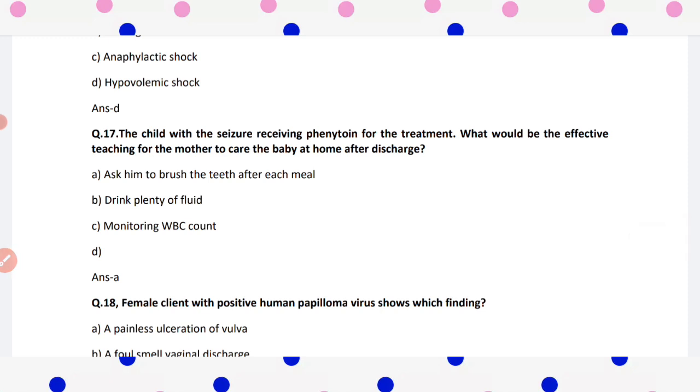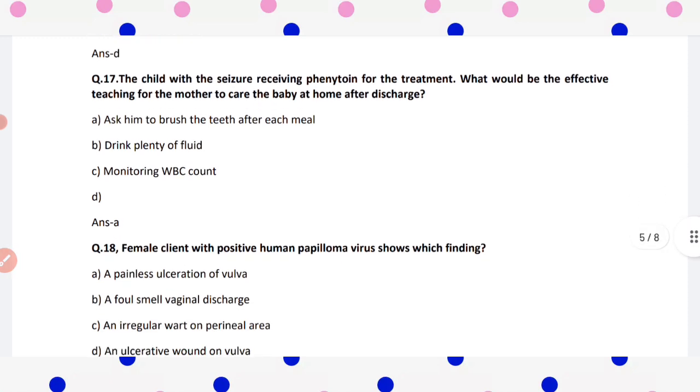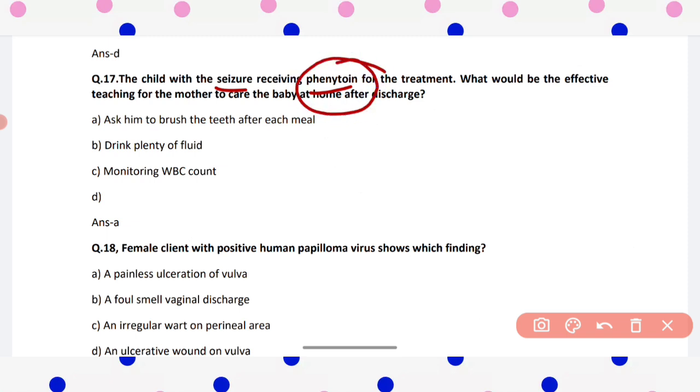The child with seizure receiving phenytoin for the treatment. What would be the effective teaching for the mother to care the baby at home after discharge? So here the keyword is the baby is having seizure and receiving phenytoin. What kind of care as a mother you are supposed to give? So you should know the side effects of phenytoin.